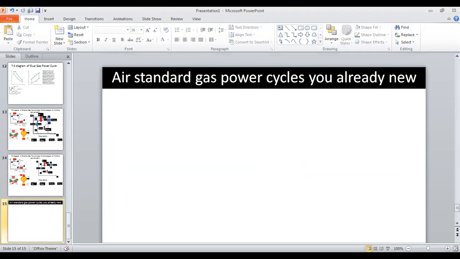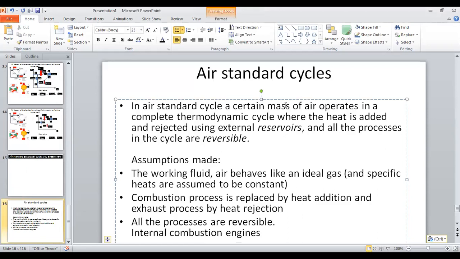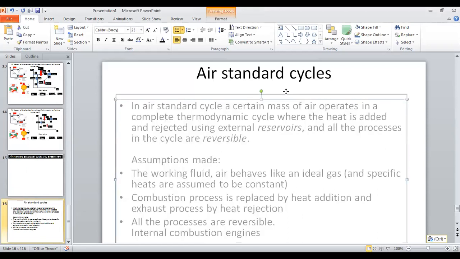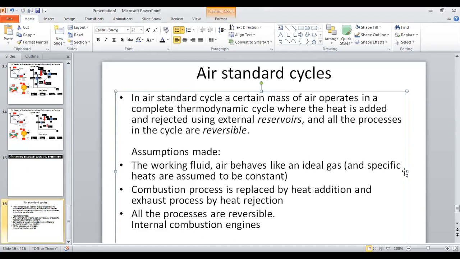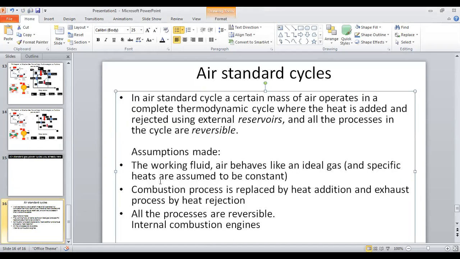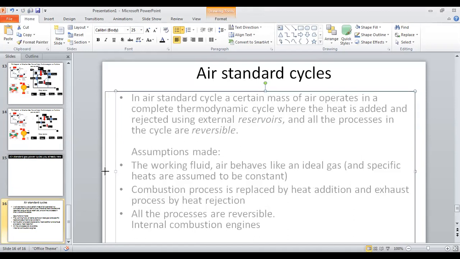They are standard. So air standard cycle, we have to understand this. That's very nice.